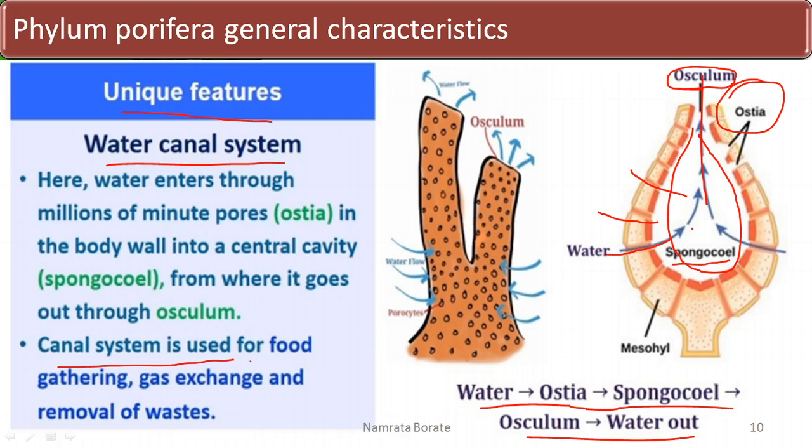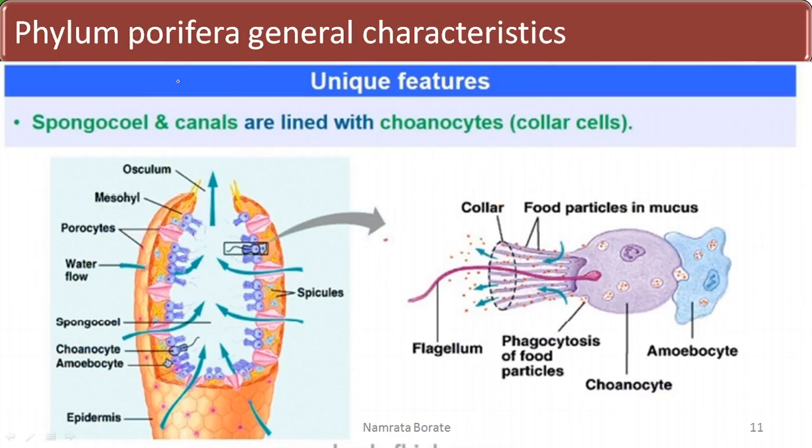The canal system is used for food gathering, gas exchange, and removal of waste. Next unique characteristic is the presence of the central cavity, that is called spongocoel, and there is a presence of canals. These canals are lined by specific cells, and these specific cells are called choanocyte cells.